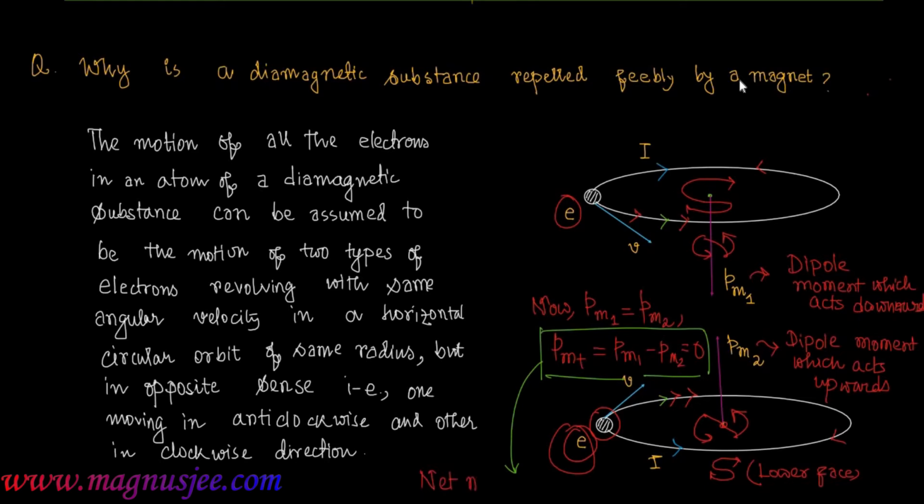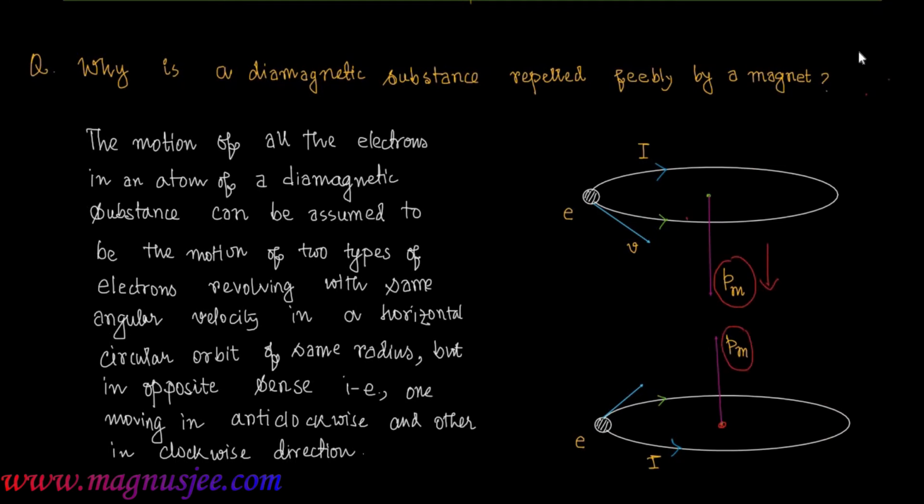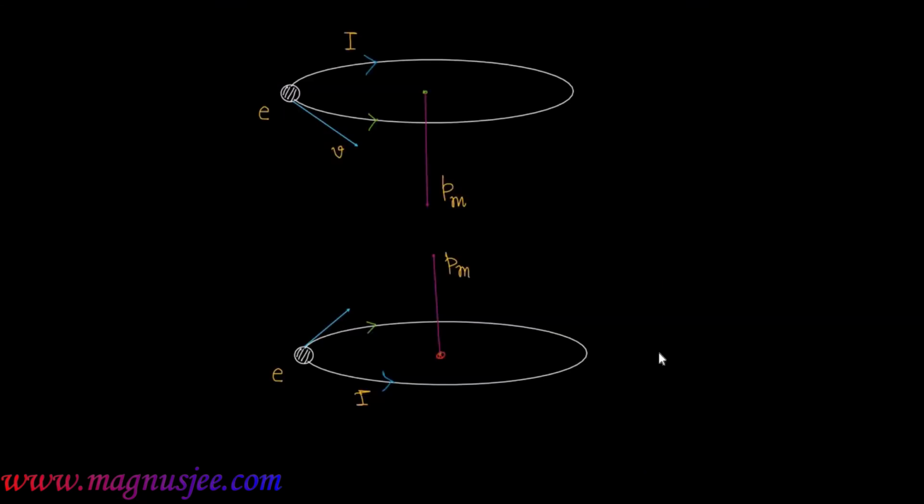Both are produced due to revolution of the electron. PM1, acting downwards, cancels out PM2, acting upwards, since they have the same magnitude, that is PM1 equals PM2 equals PM.